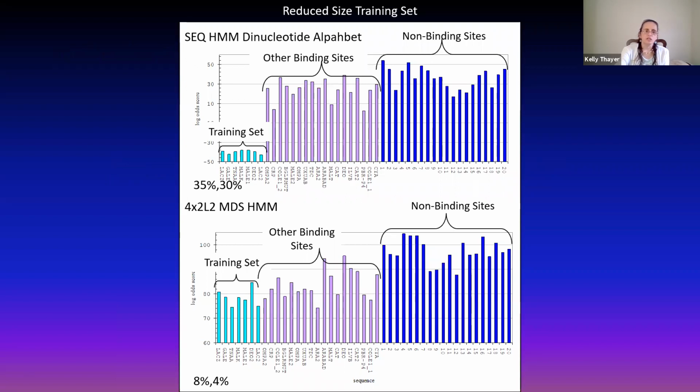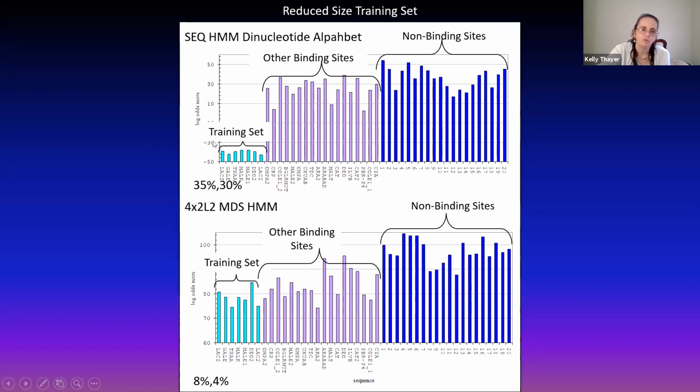So then let's just take a moment to look at some possible outcomes for a hidden Markov model. These are some different data sets that were used to train some hidden Markov models. And what we're interested in looking at here is which one is the better model, okay? In this case, our training set scores much lower.